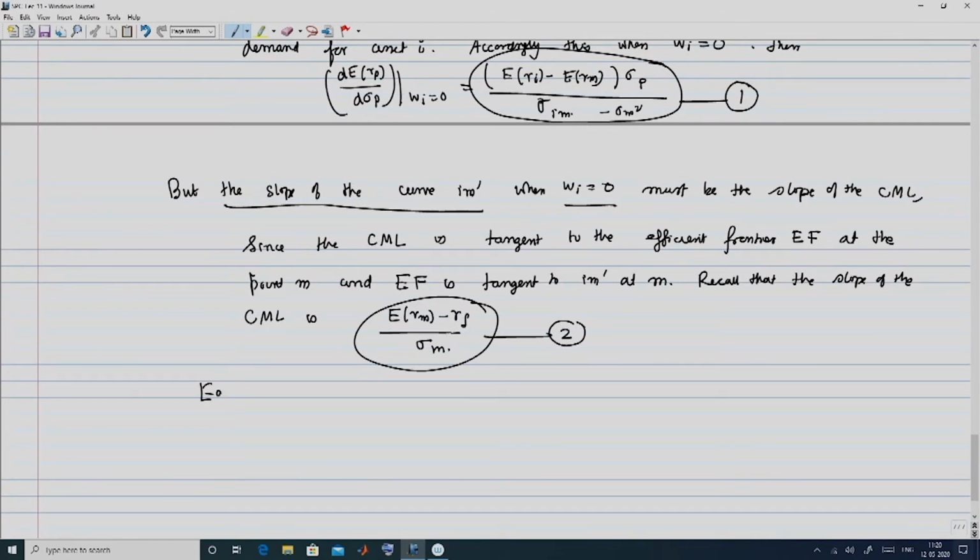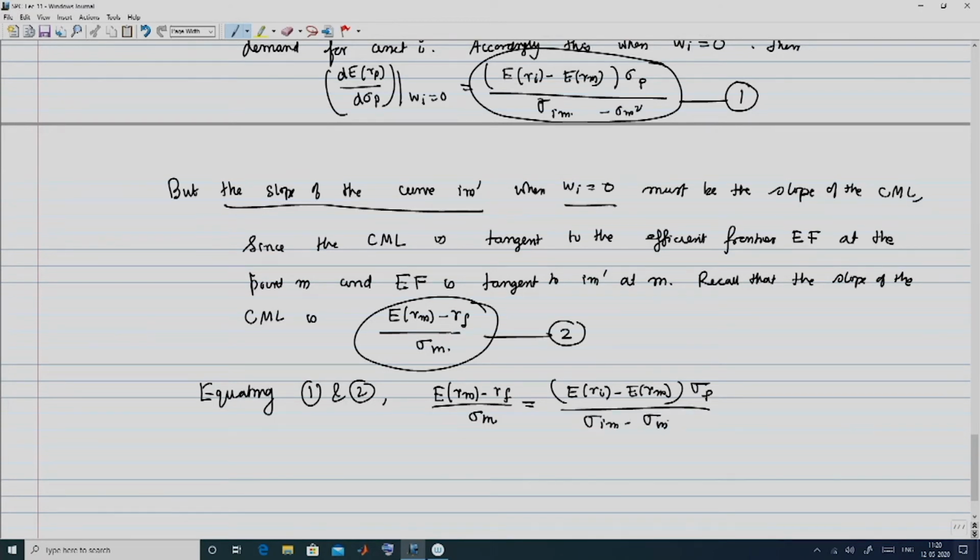Since both the slopes have to be identical, equating 1 and 2, we will get ERM minus RF over sigma m equal to ERI minus ERM sigma p divided by sigma Im minus sigma m square.